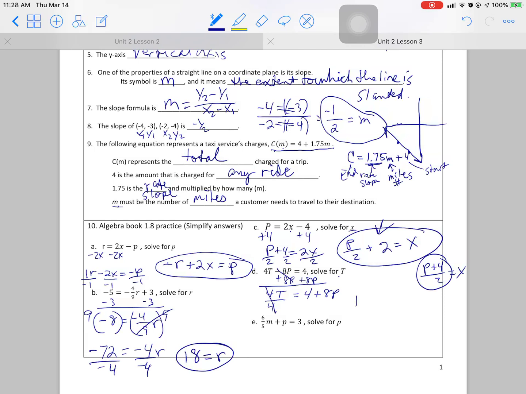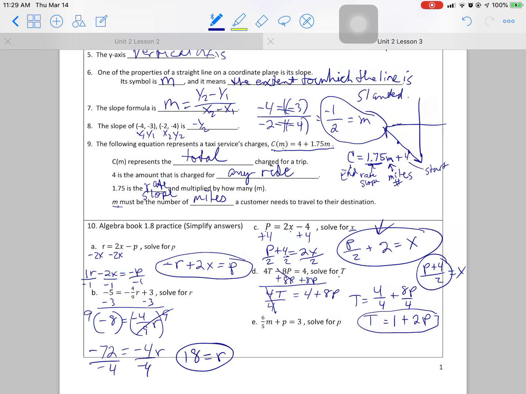And for this one, since it's a 4, I would still get used to start going like this. It's just a better way to do things now that we're kind of pros at this. 4 over 4 is a 1. And then 8 divided by 4 is 2p. Let's do that. Okay.